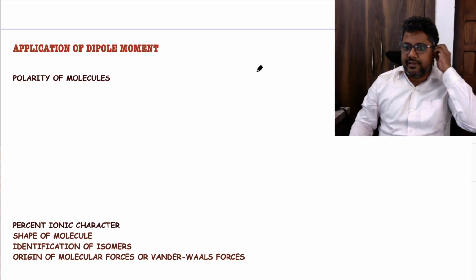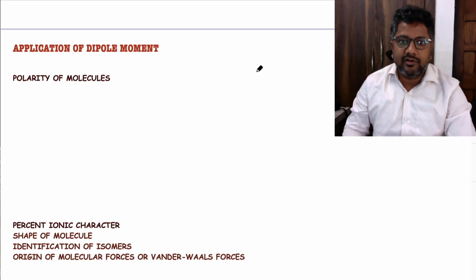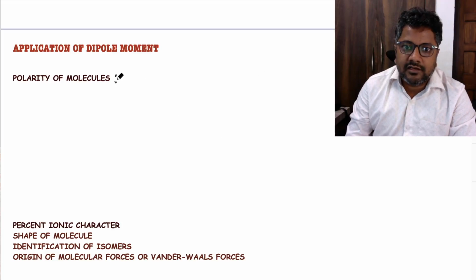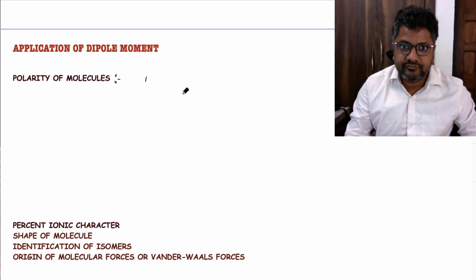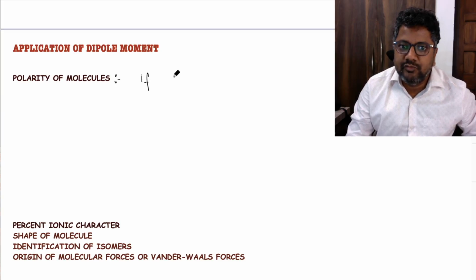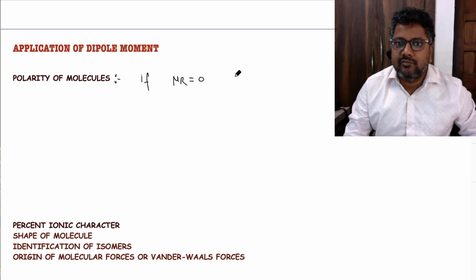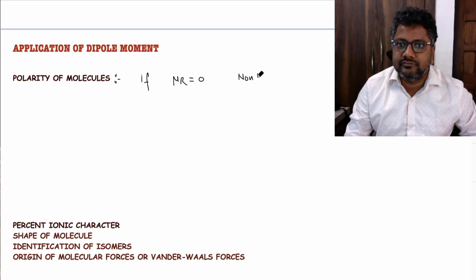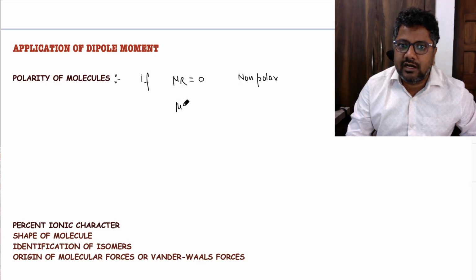The best way to explain the polarity of a molecule is the resultant dipole moment. See, if mu r is equal to 0, then the molecule is non-polar. And if mu r is not equal to 0, then the molecule is polar, right?